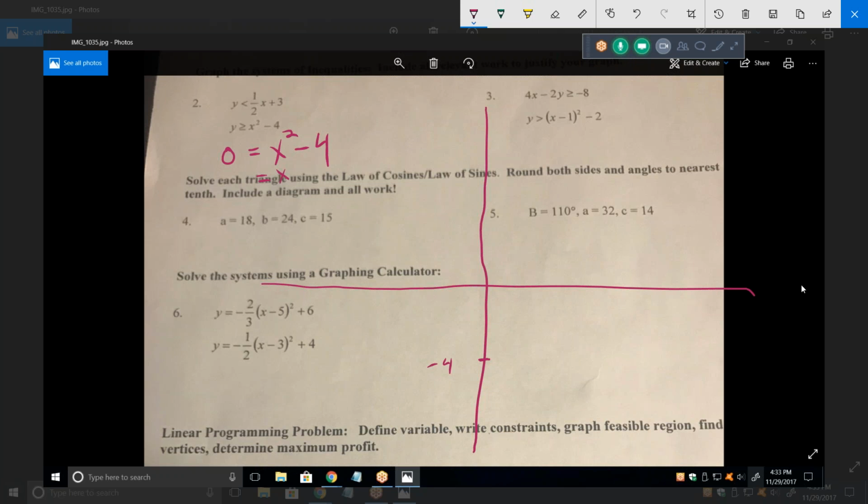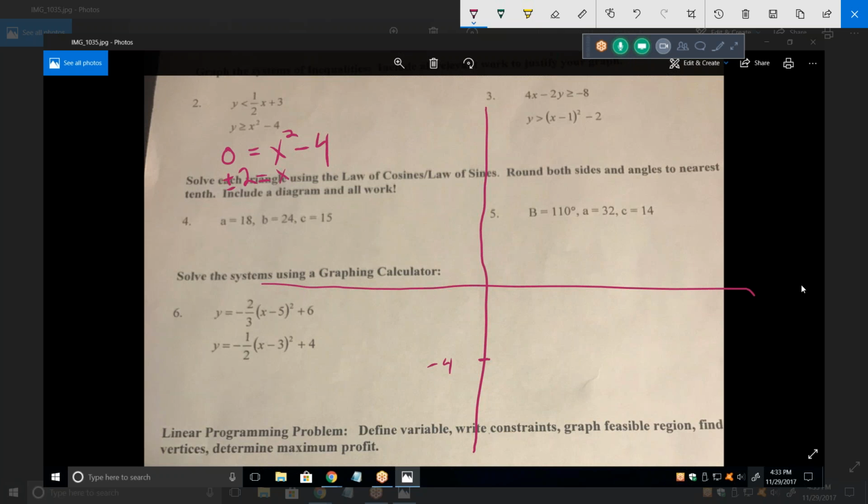If x squared minus 4 equals 0, what is x equal to? Plus or minus 2? Plus or minus 2. Remember that, plus or minus. If you forget that plus and minus, you will definitely lose credit on any test. There's no way a teacher gives you full credit if you leave off the plus or minus.